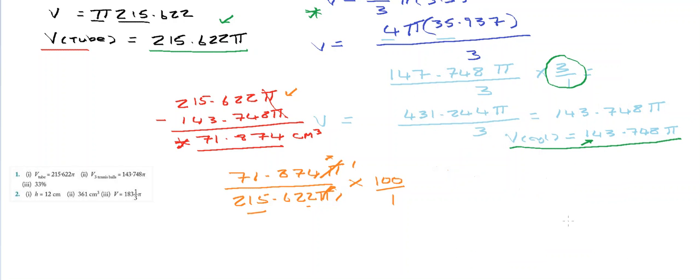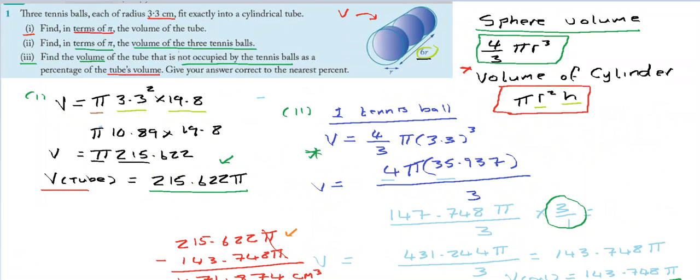And to the nearest percentage that's just going to be 33%. So what we're saying is that 33% of the space inside the cylinder is not occupied, it's empty. It's not being occupied by the volume coming from the tennis balls. So that's those first three, and that's how you'd work them out. Okay, so hopefully that makes sense.